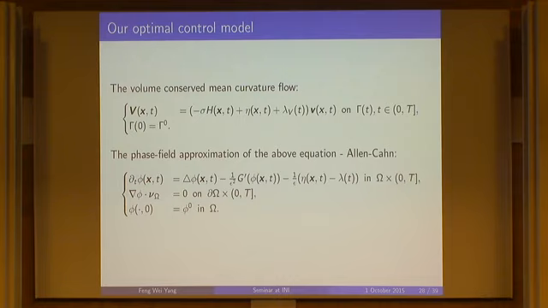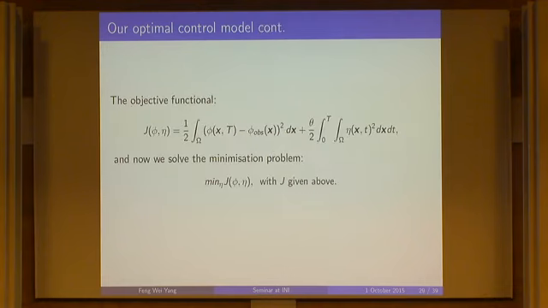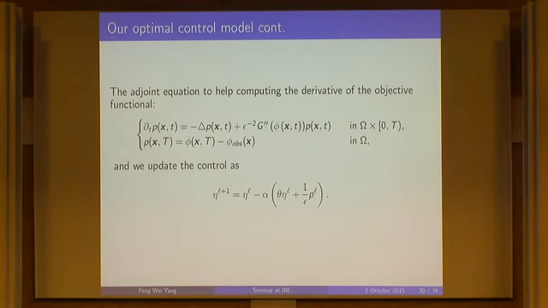We have a forward phase field equation we want to solve, let's say for 100 time steps for the sake of argument. But then we have to come back and solve this adjoint equation backward in time, and the adjoint equation depends on the solution from the corresponding time step of phi.